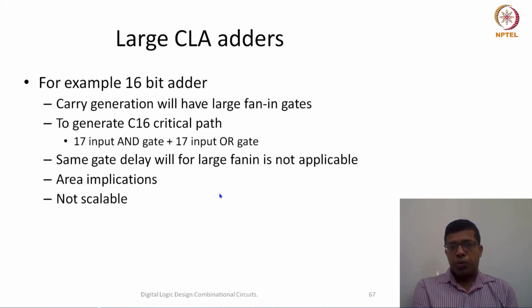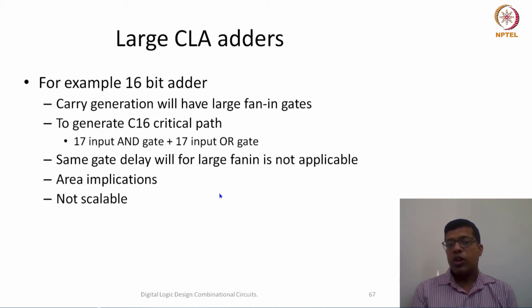The problem with a 16-bit adder is that this carry generation would now require large fan-in. For example, to generate C16, I would require an AND gate with 17 inputs, and an OR gate with 17 inputs.